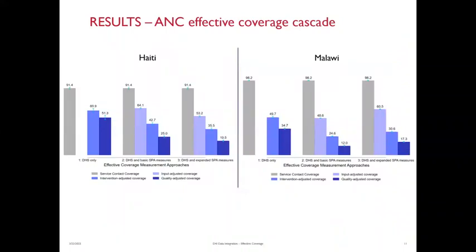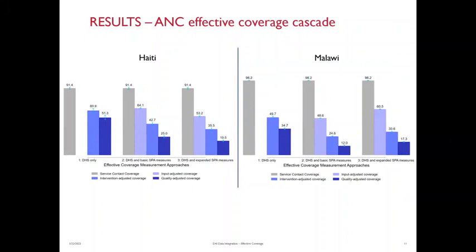All right, so now let's look at the actual overall effective coverage cascades. So here are the antenatal cascades for Haiti and Malawi. So you can see that in both cases, the quality adjusted coverage measure, which is the darkest blue bar, is higher in approach 1 when we use DHS data only, while approaches 2 and 3 have relatively similar estimates.